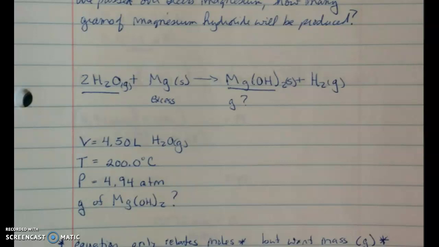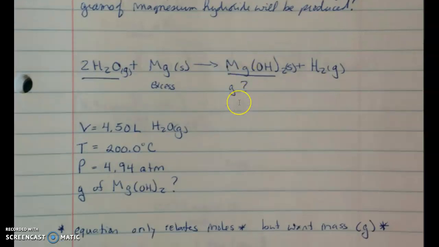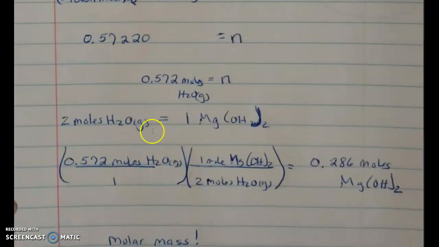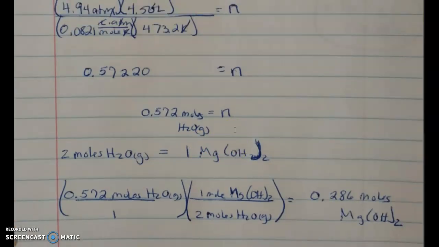That is our molar ratio in the equation. Remember, for every 2 moles that are used of water vapor, we're going to generate 1 mole of magnesium hydroxide. So we can use that information now because we know how many moles of water vapor we have. It's a lot less than 2 moles. So the number of moles we produce for magnesium hydroxide will be much smaller as well. It's not going to be anywhere near 1.